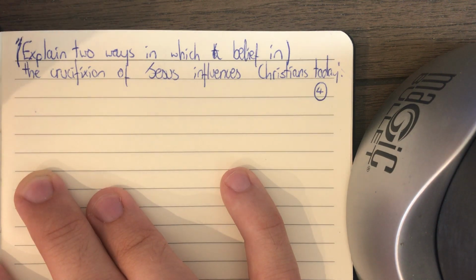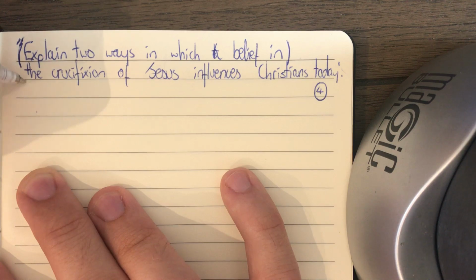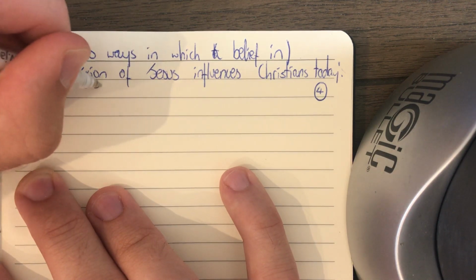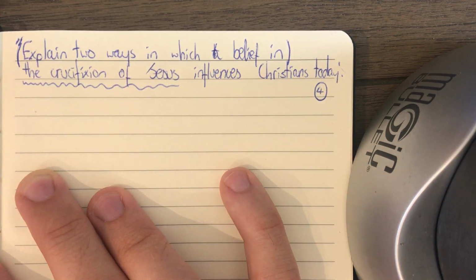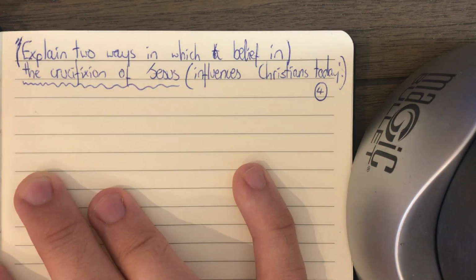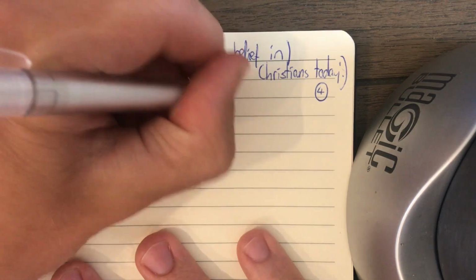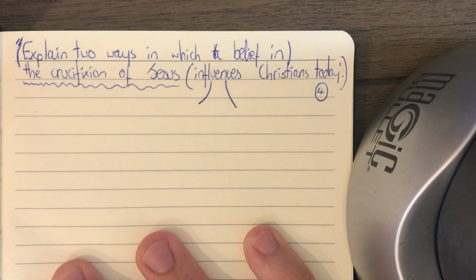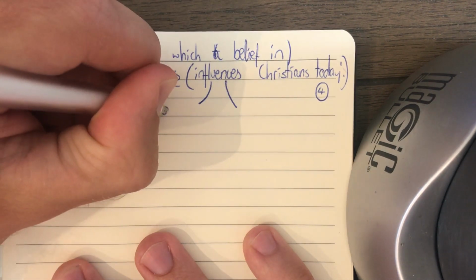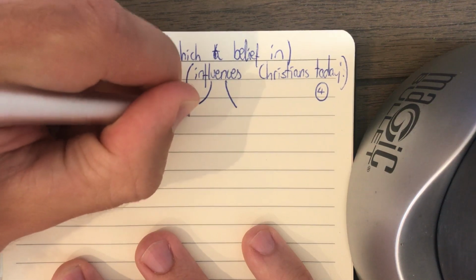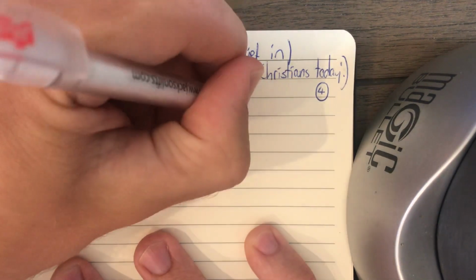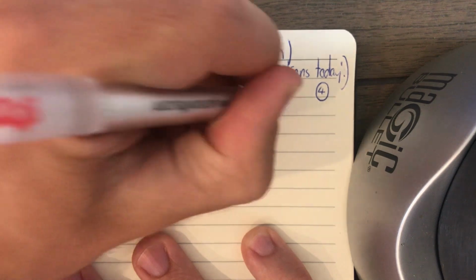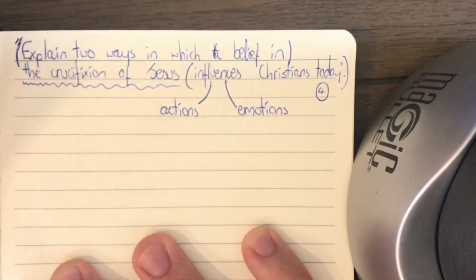Explain 2 ways in which a belief in, and then you're always going to have a certain belief. For example, the crucifixion of Jesus, okay? And you're always going to see this last bit here, influences Christians today. Now remember, influences, we are breaking them down into 2 categories, either actions, things religious believers do, or emotions, things religious believers feel.